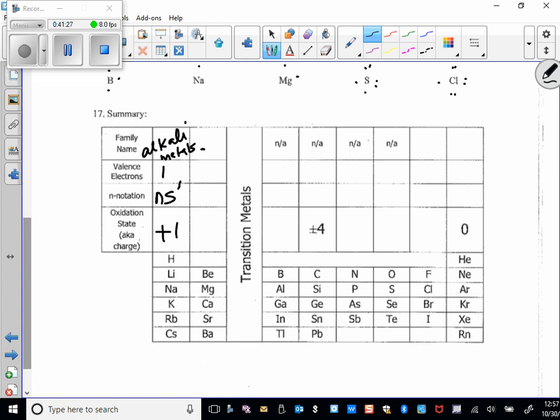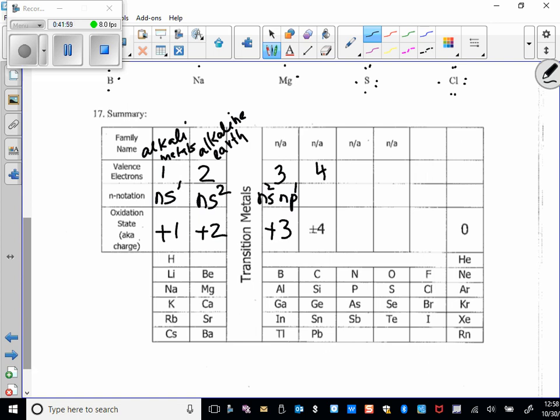The next one is alkaline earth metals. How many valence electrons? 2. What is the notation? NS2. What charge will they make? +2. We don't learn a family name for group 13, but we know they have 3 valence electrons. It's going to be NS2 and P1. And they will make a charge of +3.